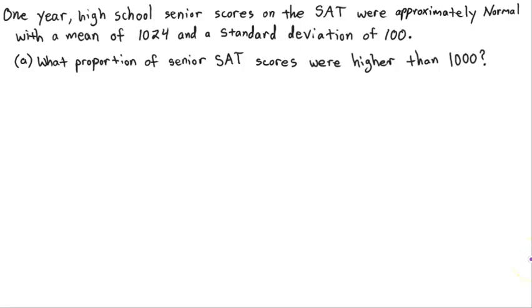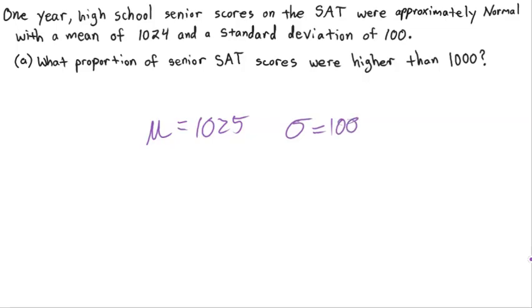All right, let's try some other stuff that's similar to this. Okay, let's look at this situation. It says 1 year high school senior scores on the SAT were approximately normal. So we're going to use the normal distribution with a mean of 1024. So that's mean, oops, that's sigma, sorry, mean of 1024. And a standard deviation of 100. So that means sigma is 100, okay?